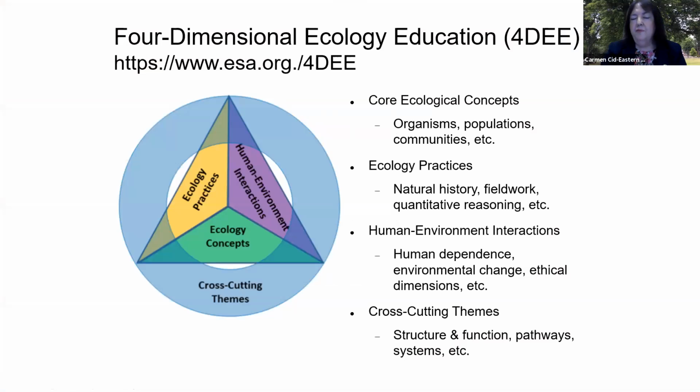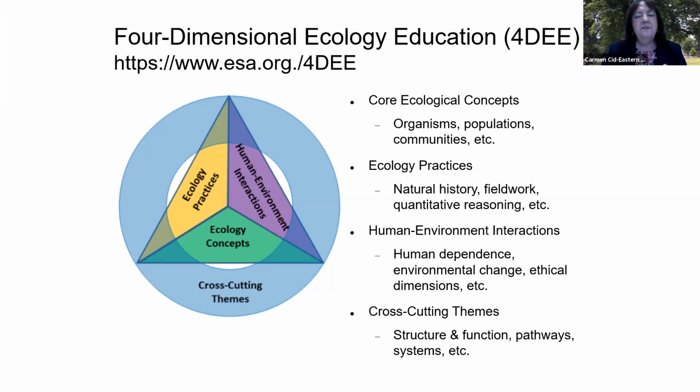You've seen this logo before. I'm just putting it back into your head. That's our website, the Ecological Society of America. This curriculum was endorsed by the Society in 2018, and we have 4 dimensions. Normally, we teach about the ecology concepts. We may integrate a lot of hands-on learning practices.